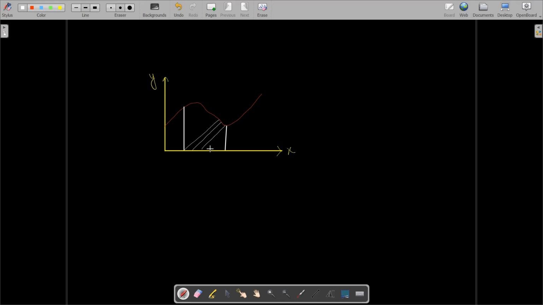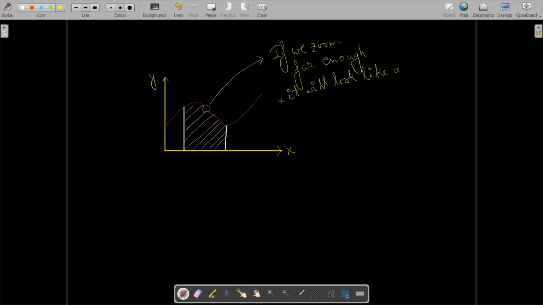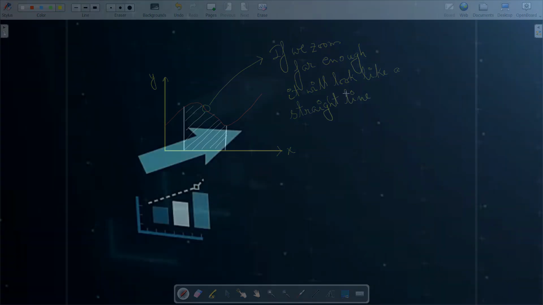Think of them like strips of small rectangles. The more strips we have, the more accurate the calculation becomes. This is the power of integration. The sum of infinitely many tiny pieces equals the area. This is the essence of what integration does, and it's used everywhere in physics, economics, and of course, artificial intelligence.